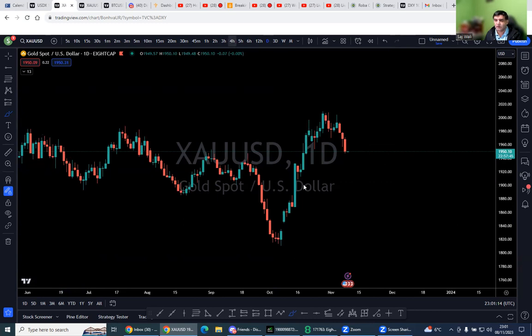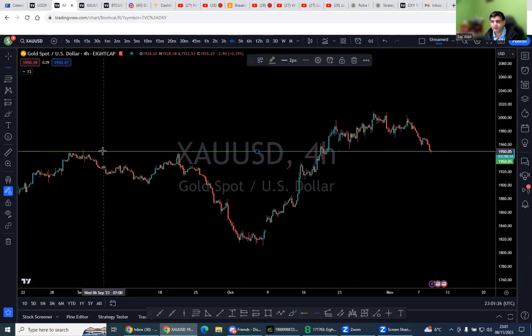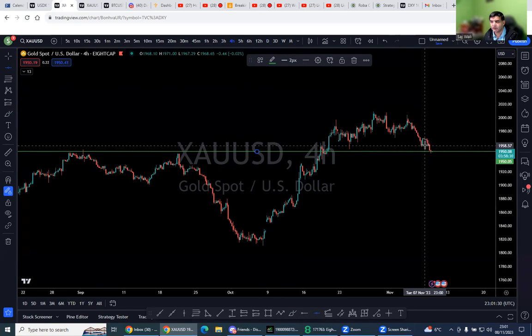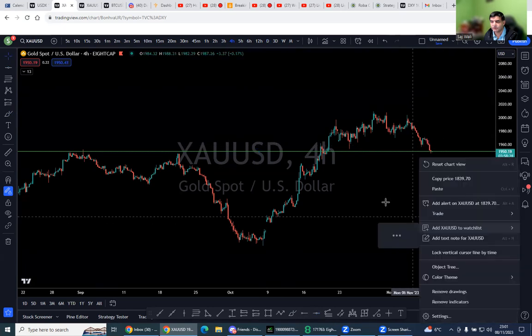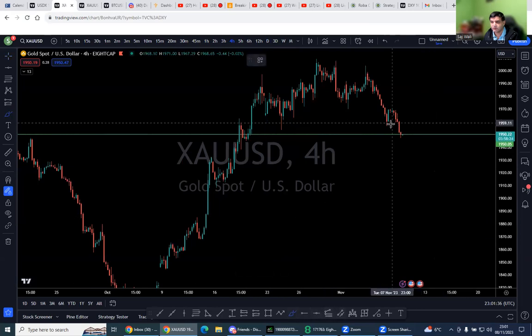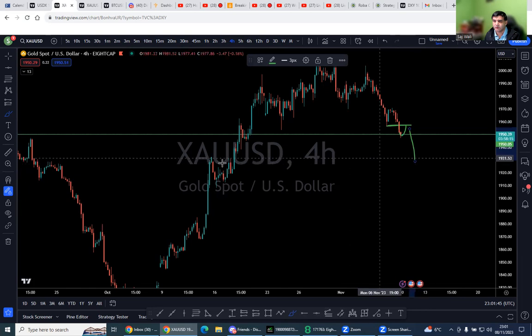Going into 4-hour, the market is currently on this level, and we may see some pullback up at least to the 1960 level because of this fair value gap as well. This breakdown, retest, and then to the downside.